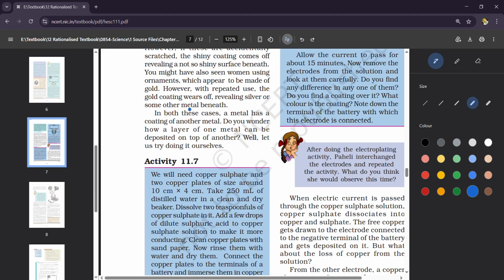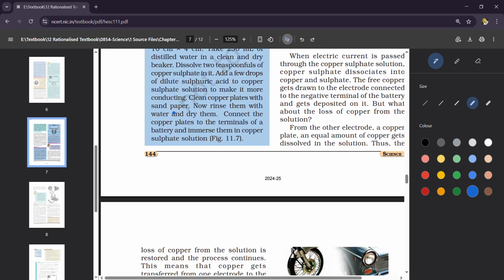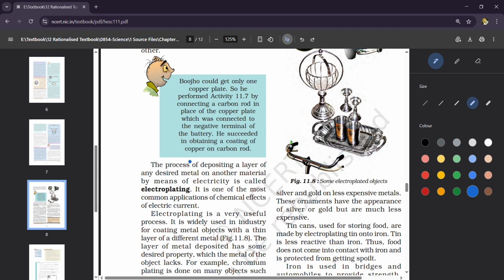The definition of electroplating is the process of depositing a layer of any desired metal on another material by means of electricity.